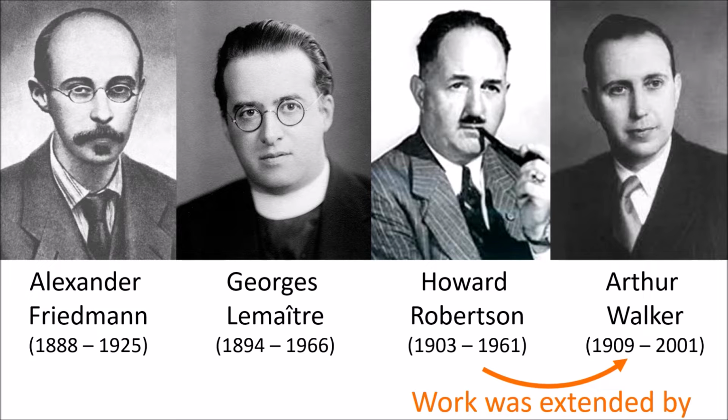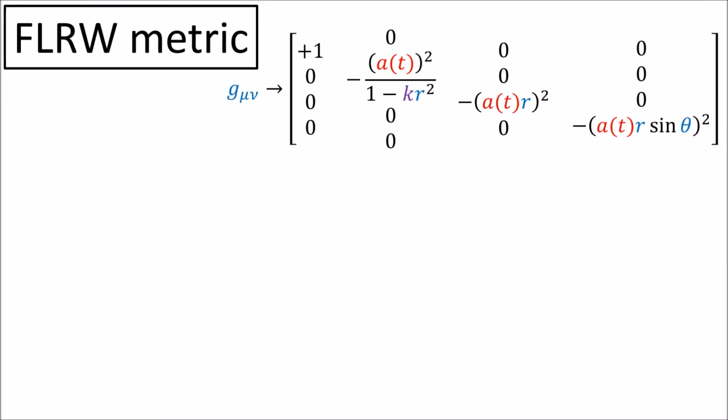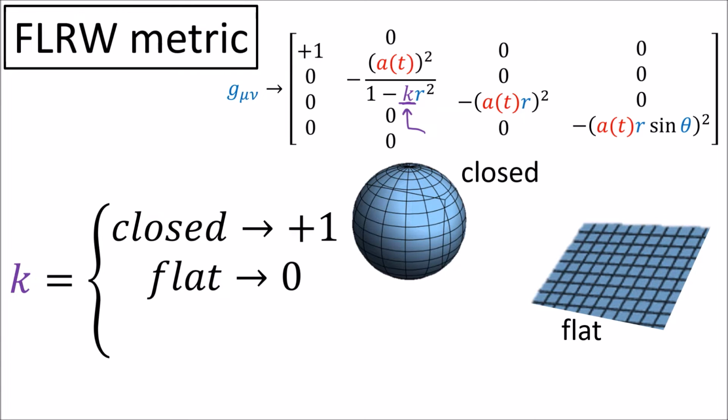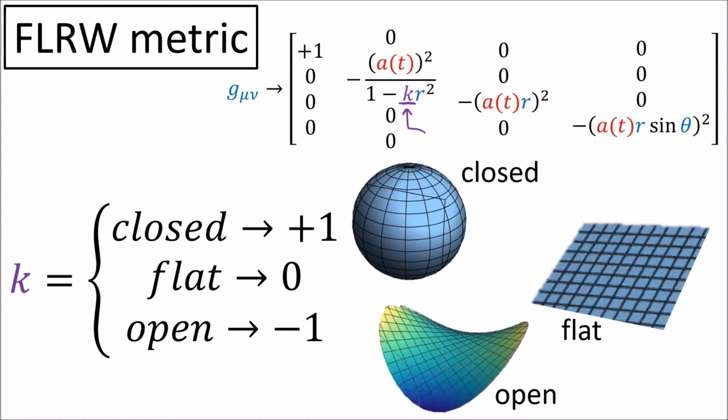after all of them. The FLRW metric is actually 3 metrics combined into one, depending on the value of k, which is +1 for a closed universe, 0 for a flat universe, and -1 for an open universe.